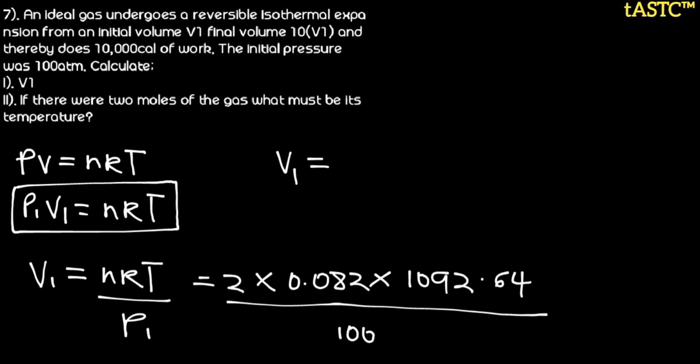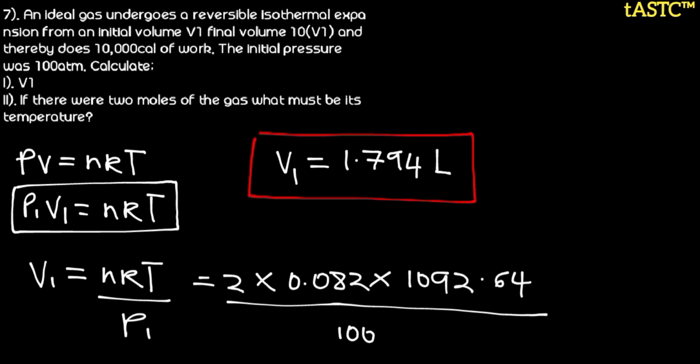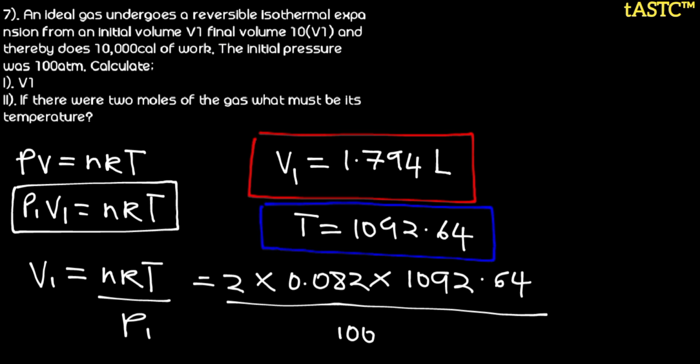So this gives us 1.794 liters. That is the answer to V1. So we already had what T is, the temperature, that was 1092.64. So those are the answers to this question.